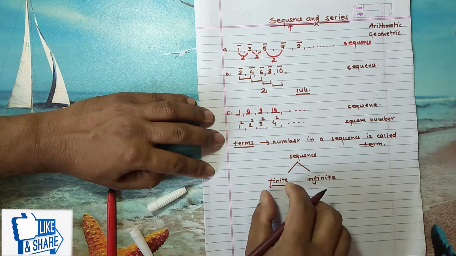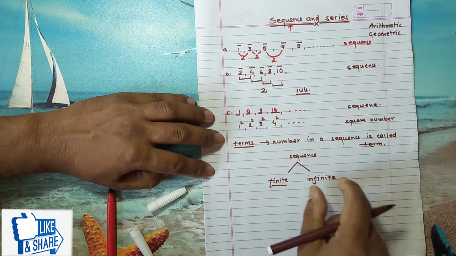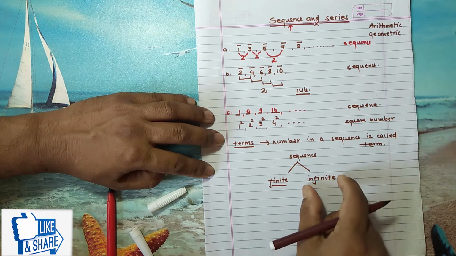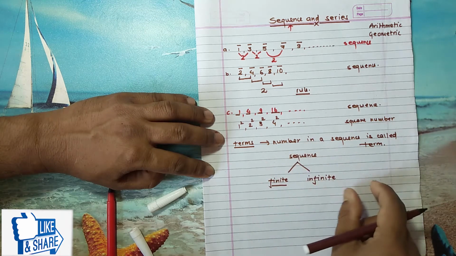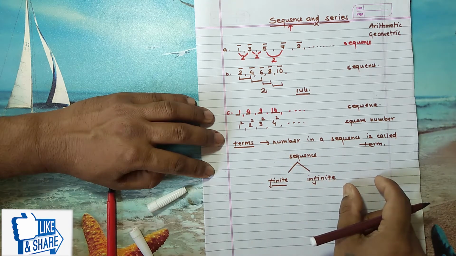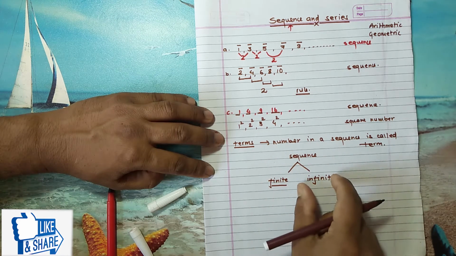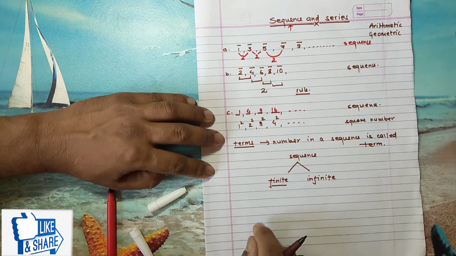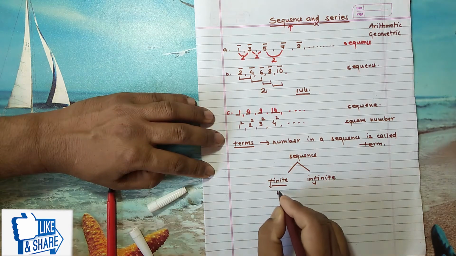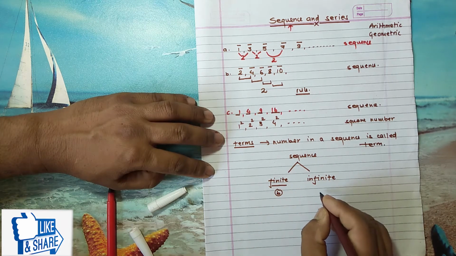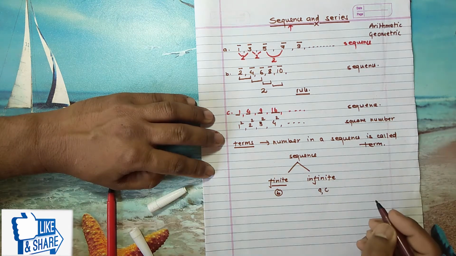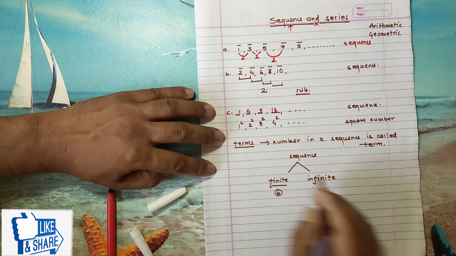It's called a finite sequence. And those sequences in which the number of terms is not fixed, means not defined, not clear, we call an infinite sequence. If we talk about the above examples, B is a finite sequence and examples A and C are infinite sequences. Clear?